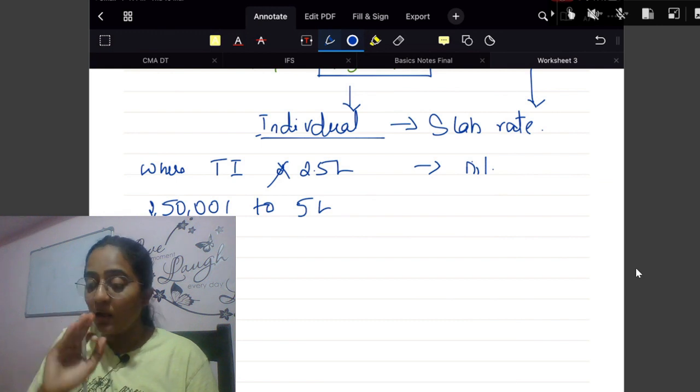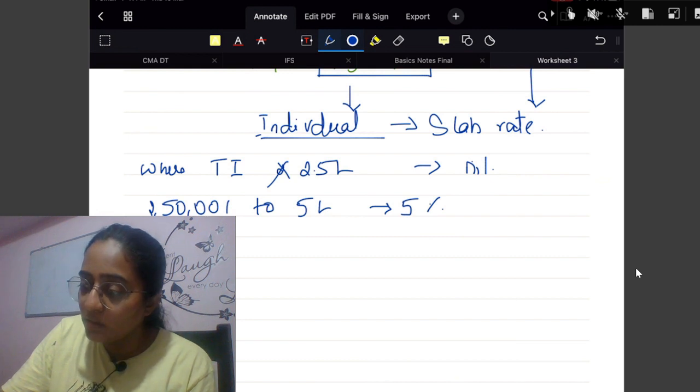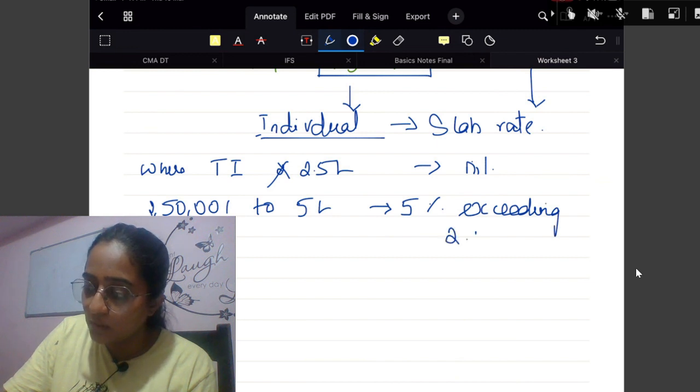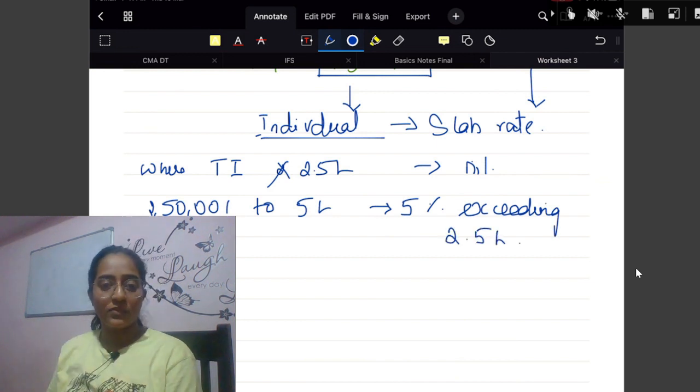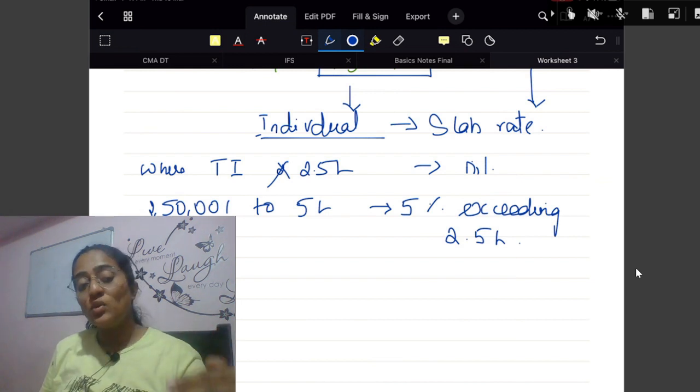In this situation, you are going to pay tax at 5% for the amount exceeding 2.5 lakh. So first of all, up to 2.5 lakh it is exempted, that is nil. There is no tax rate.